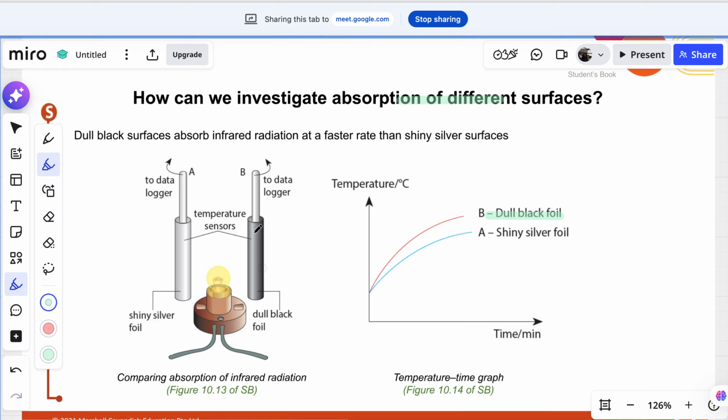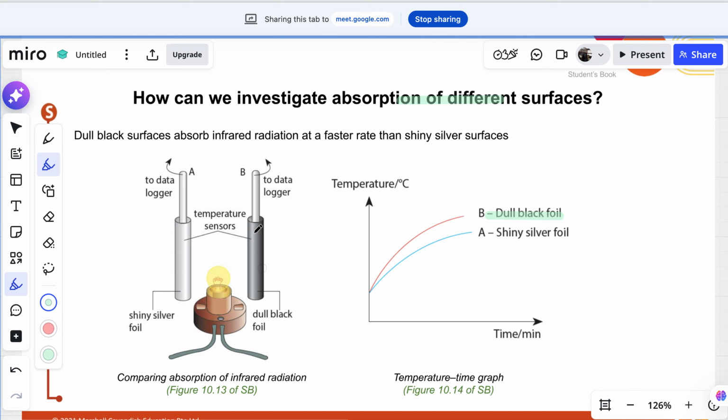One is the texture and color of the surface. Texture and color. The three factors that affect absorption and emission.